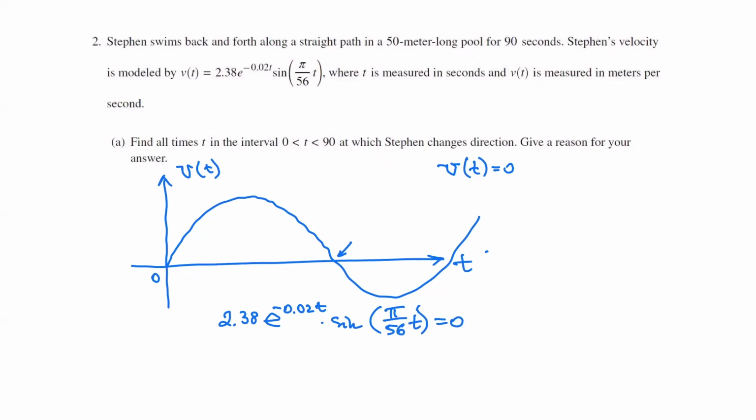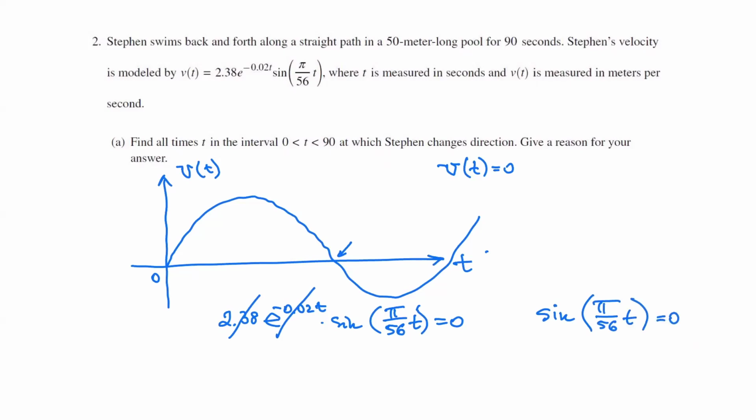And we can cancel out 2.38 because it's never 0. We can cancel out the exponent because it's always positive. And so really what we need to find is when sine of pi over 56 t is equal to 0.